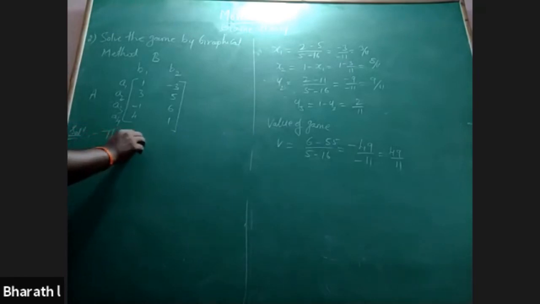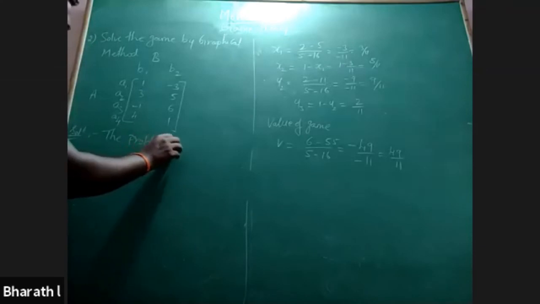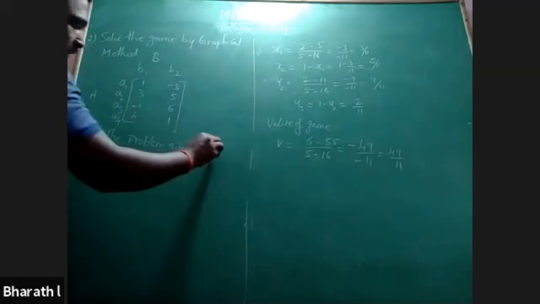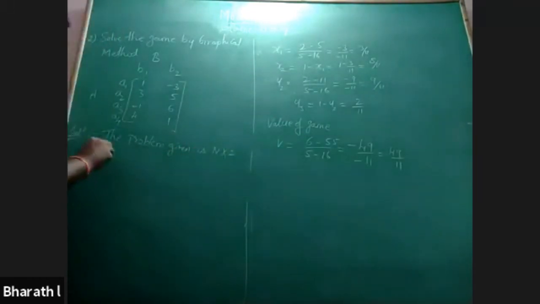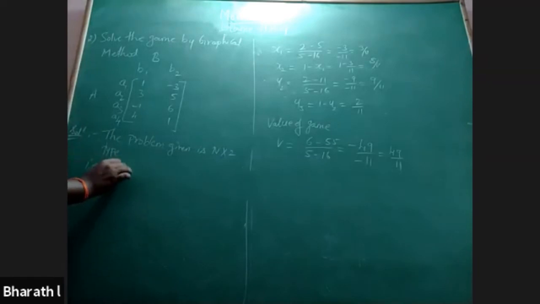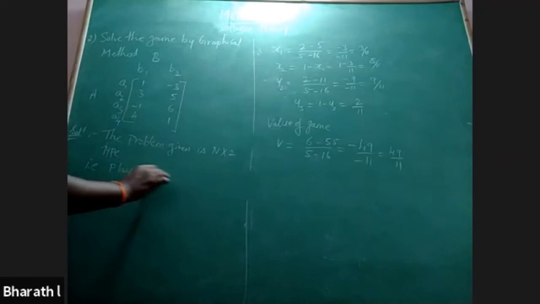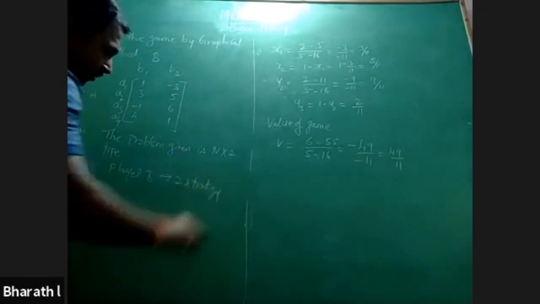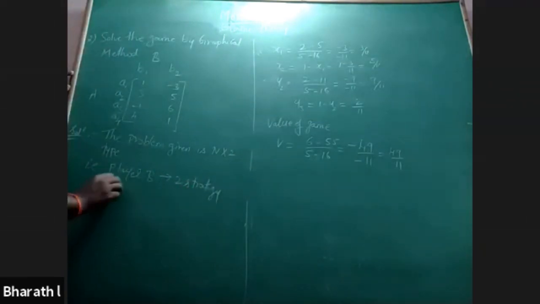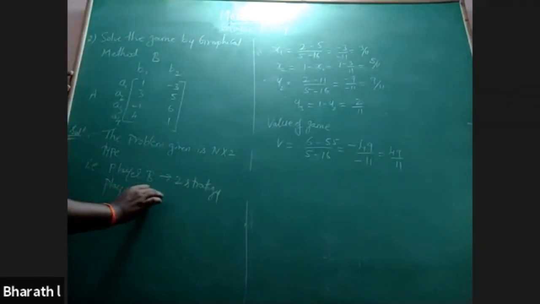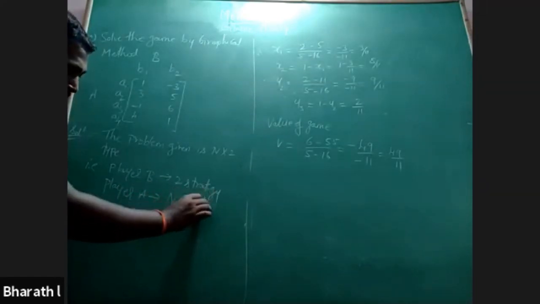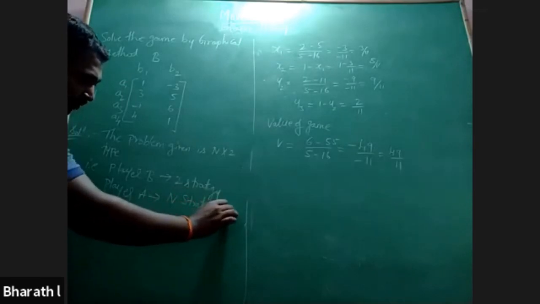The problem given is n cross 2 type, that is, player B has two strategies, whereas player A has n strategies, and they have given the n value as 4.